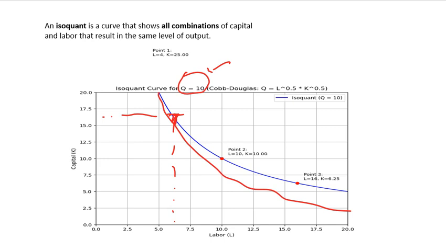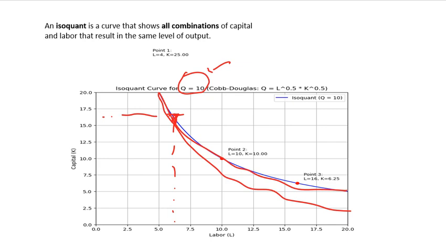You will get the same level of output, which is 10 units. So anything that lies on this blue line gives the same amount of output. So it's called isoquant, which is similar to the indifference curve in consumer behavior.